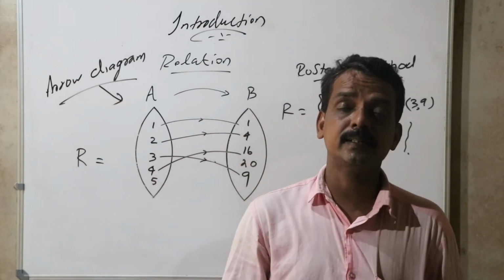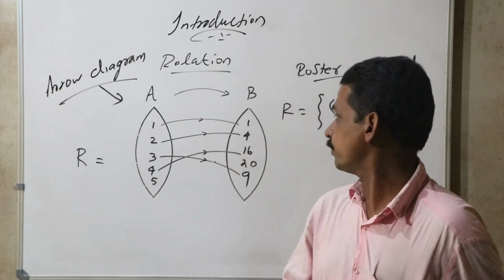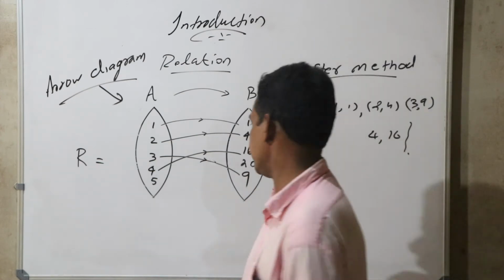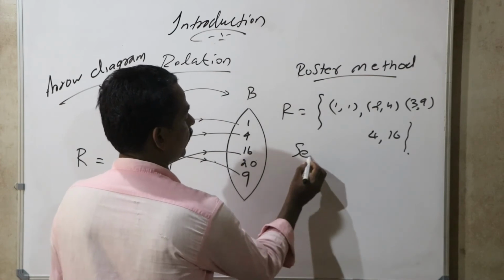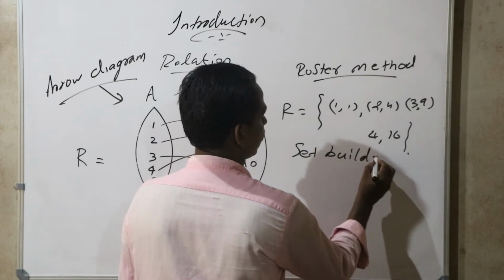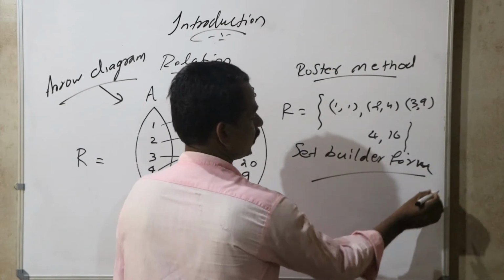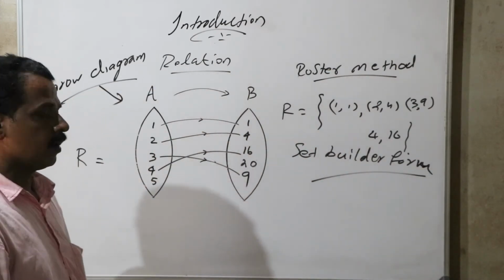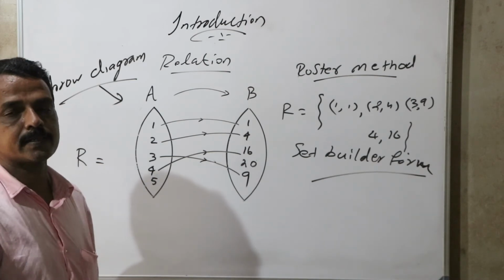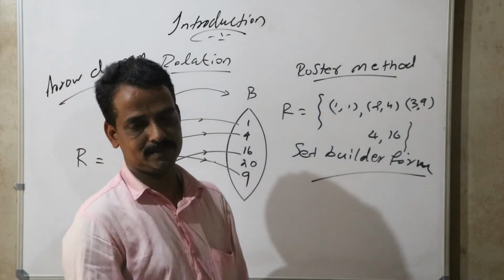We can represent any relation in arrow diagram, in roster method and in set builder form. Set builder form is the algebraic representation of the relation.